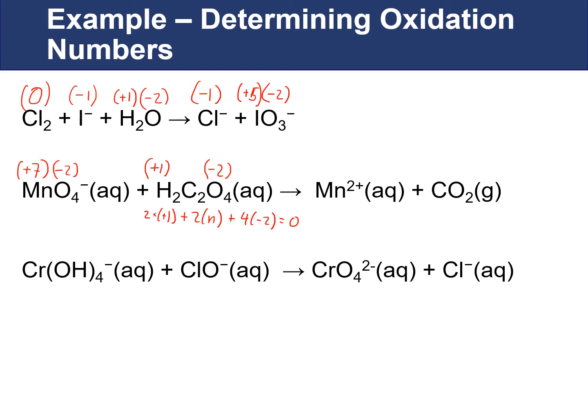So this ends up being 2 plus 2n minus 8 equals 0, which means that our 2n has to be equal to 6. So that means n would have to be +3.